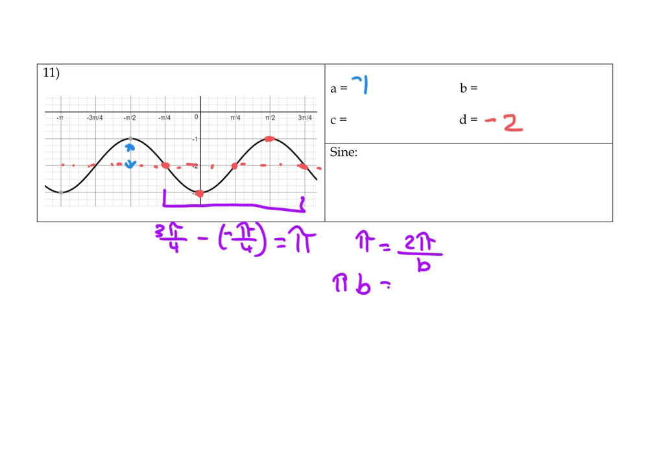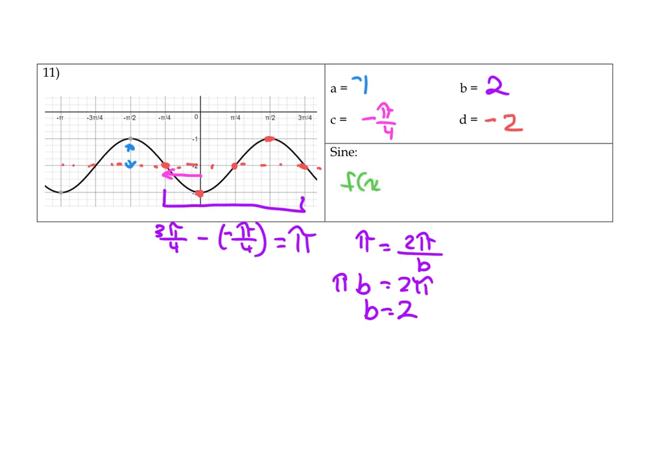Pi b equals 2 pi. So b equals 2. So my b value is 2. My c value is where I started, and I moved to the left, so it's negative, and it is with pi over 4. So there's all my values that I need.